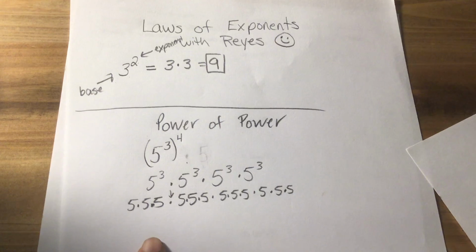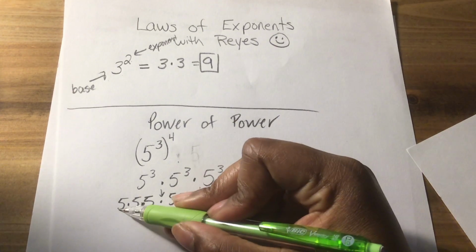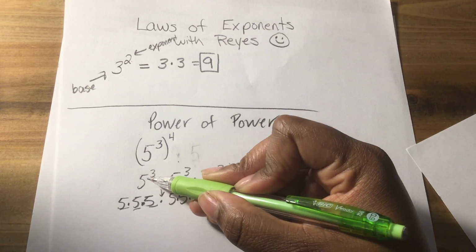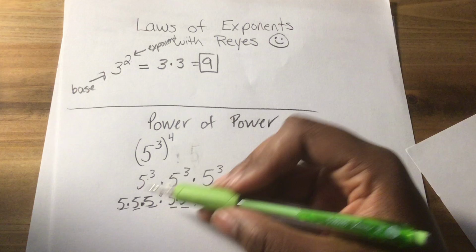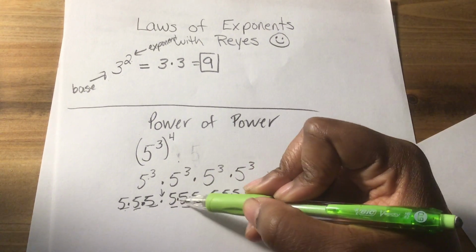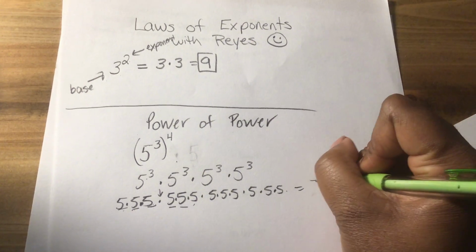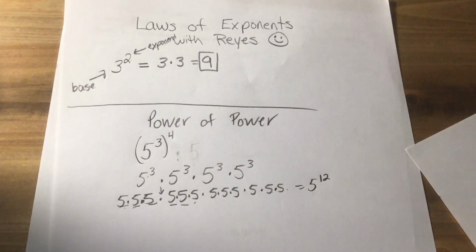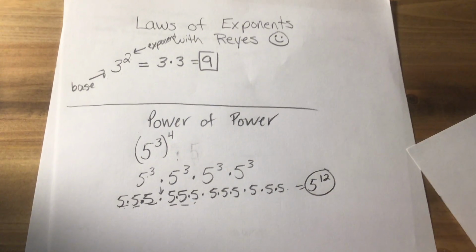Okay? So 5 is being multiplied a total of 1, 2, 3 for this one. 4, 5, 6, 7, 8, 9, 10, 11, and 12. So 5 is being multiplied 12 times. Okay? All right. That's the expanded form.